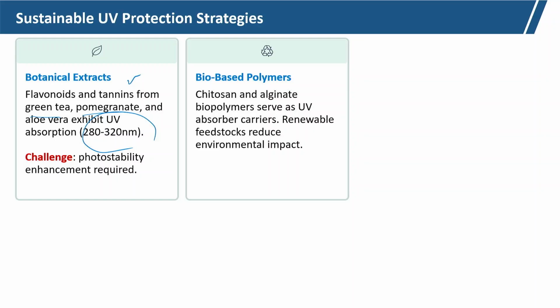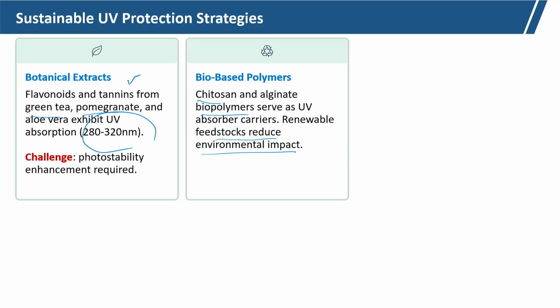We can use bio based polymers which will act as UV absorbers, like chitosan and alginate. These biopolymers serve as UV absorbers, and renewable feedstock reduces environmental impact.